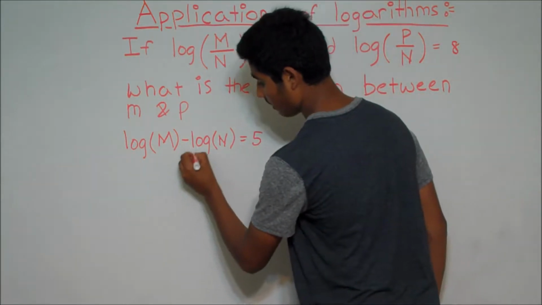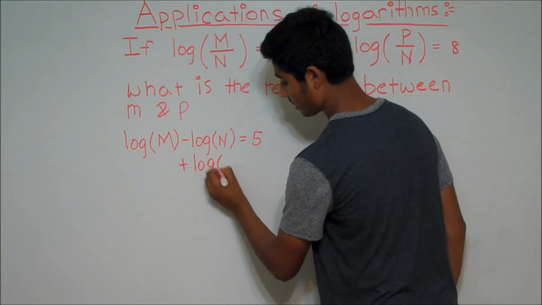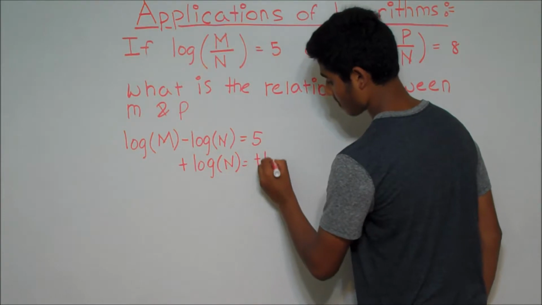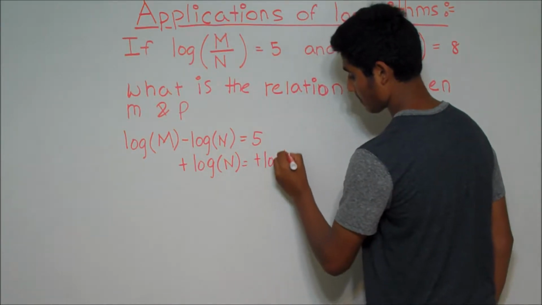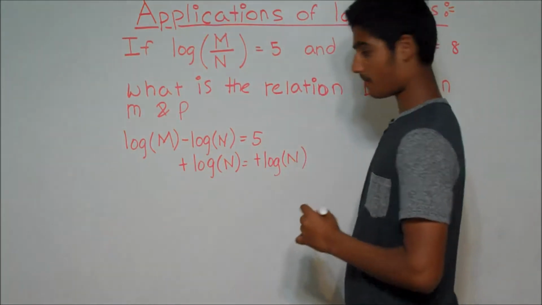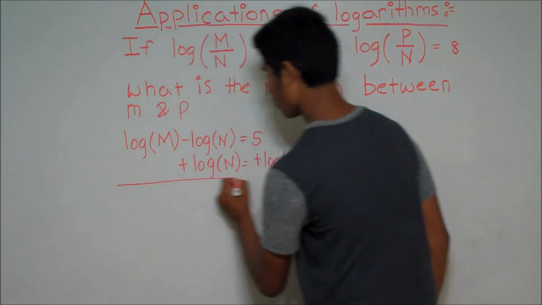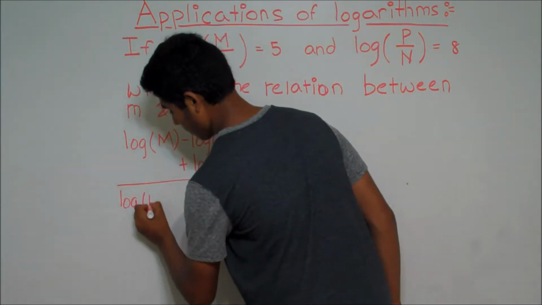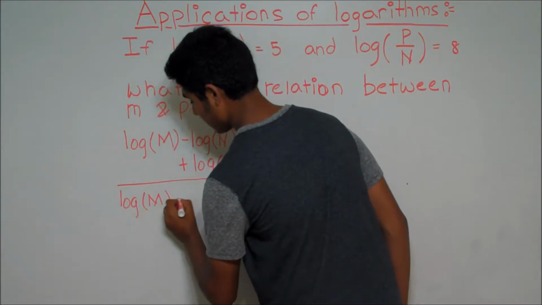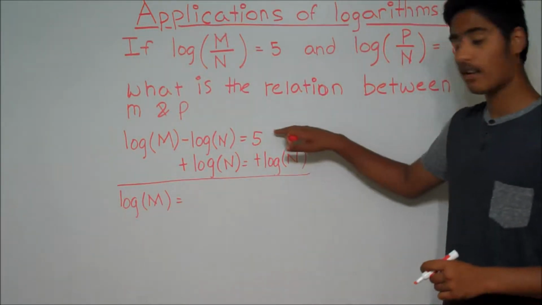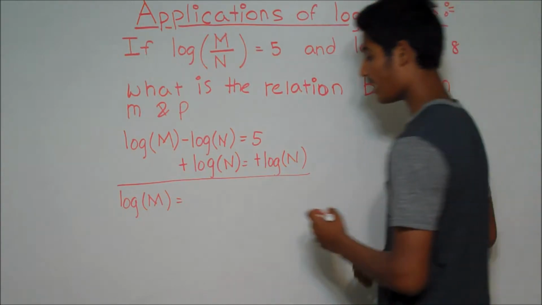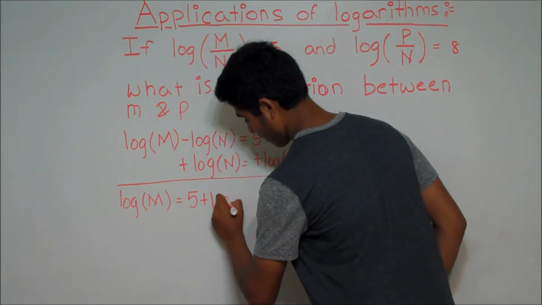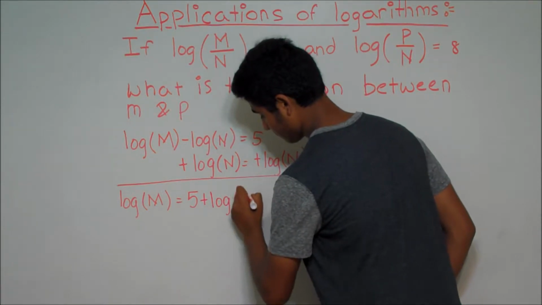So now we add log n to both sides. On the left side we get log m, is equal to, on the right side we get 5 plus log n.